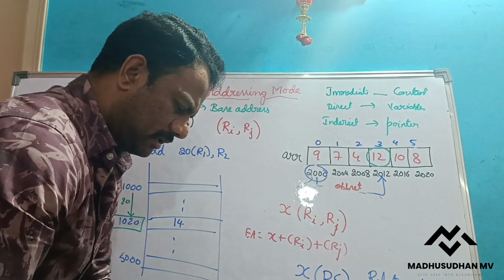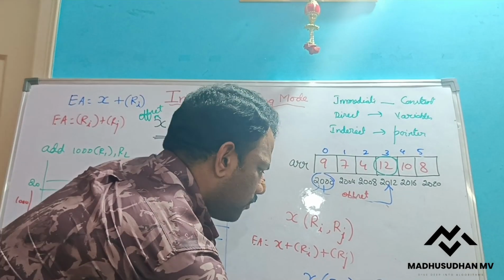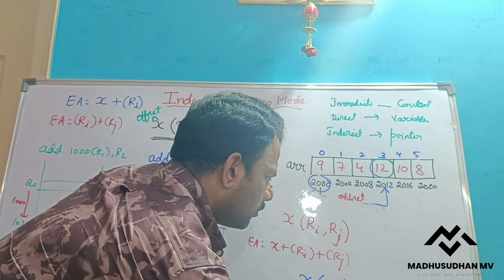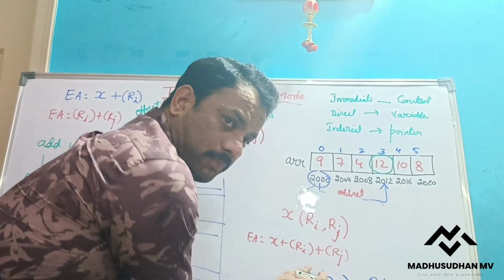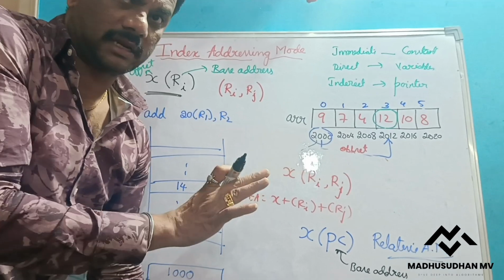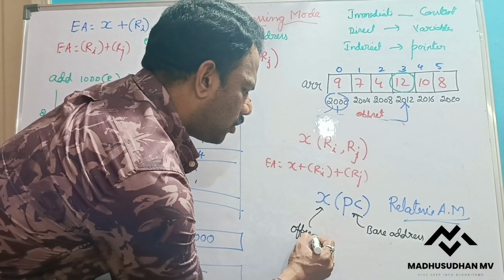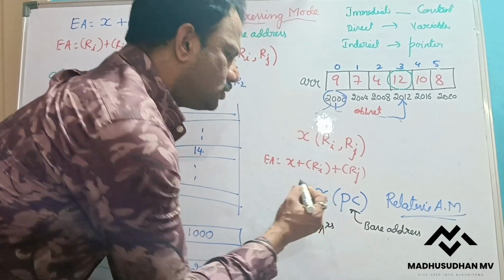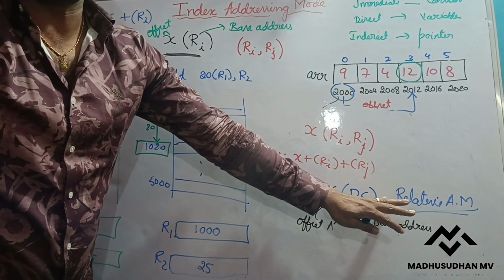In relative addressing mode, the base address is stored in the program counter only. You should not use any other register. And the offset address you write as a constant. Then that type of addressing mode is called relative addressing mode.